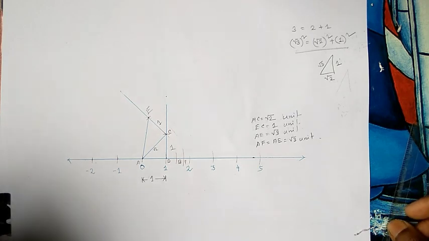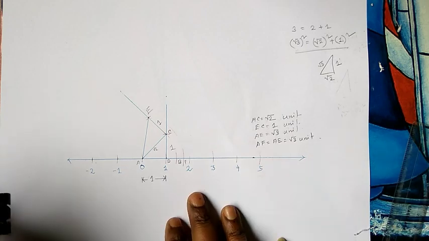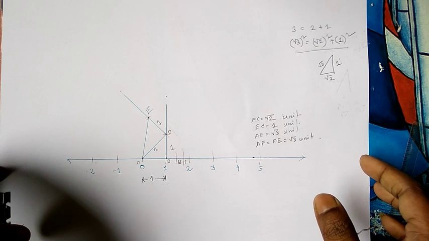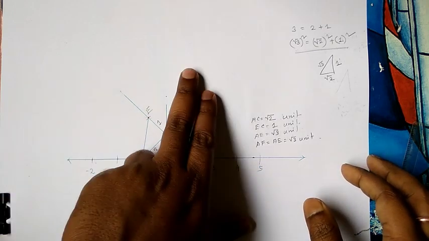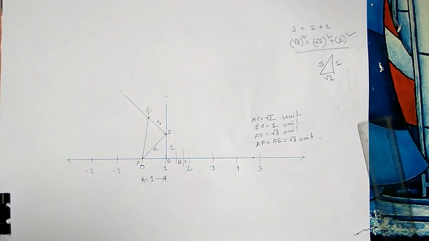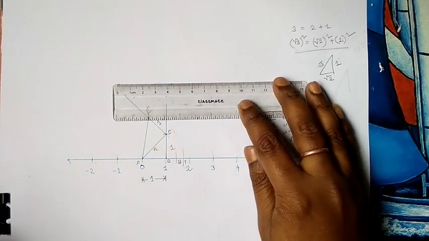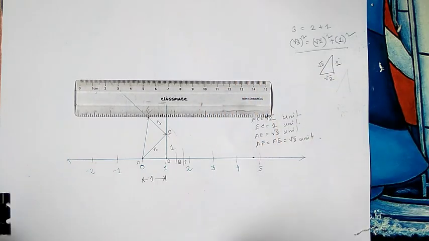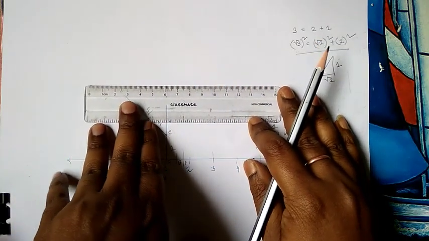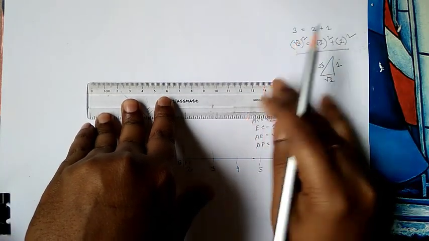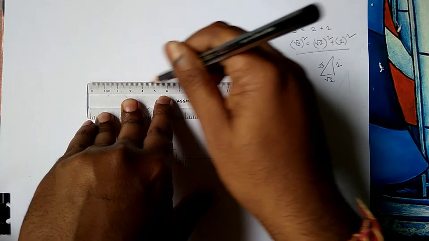Now I am going to show you root 5. Root 5 is very easy. I can show you it here. See. First, like the previous one, take a big line.